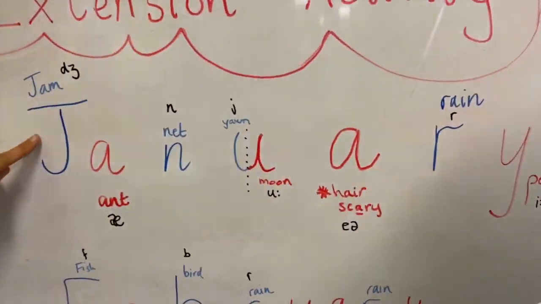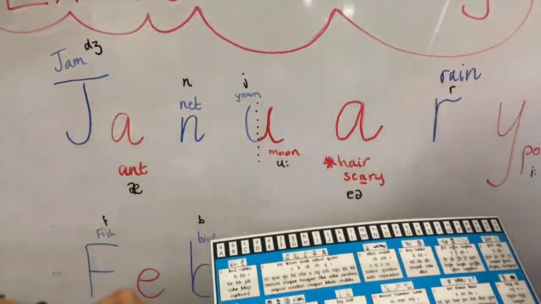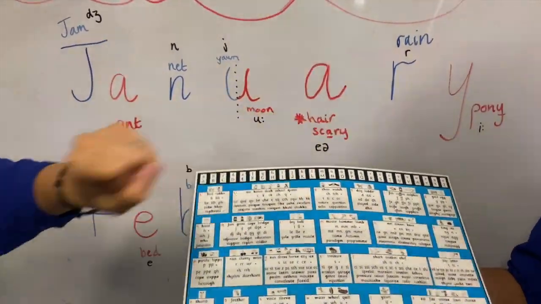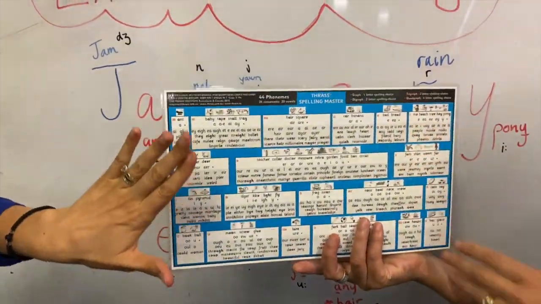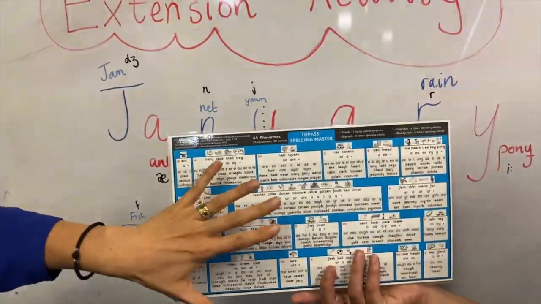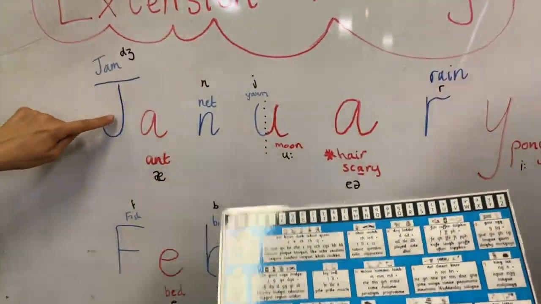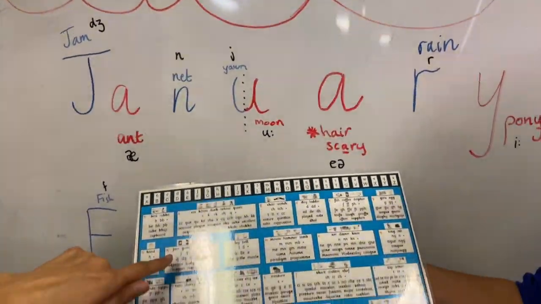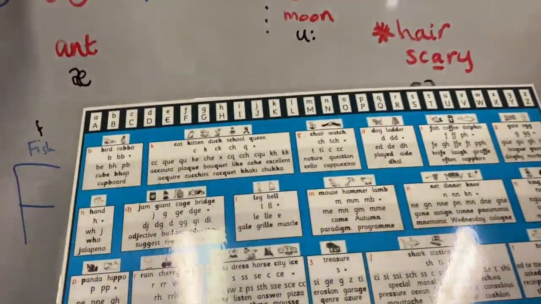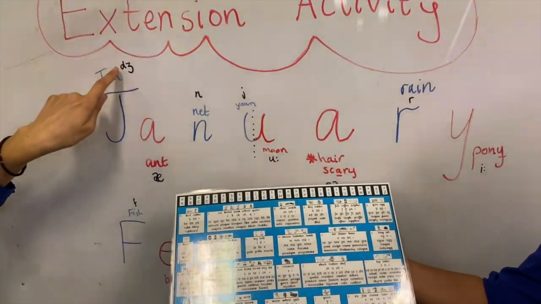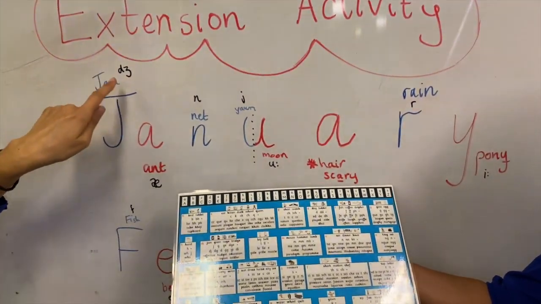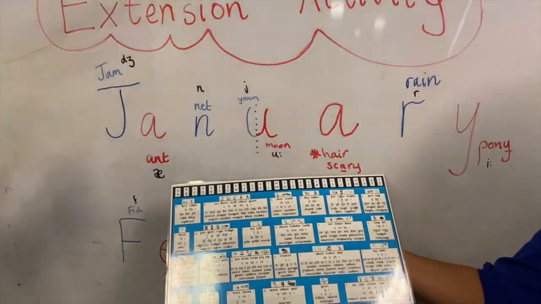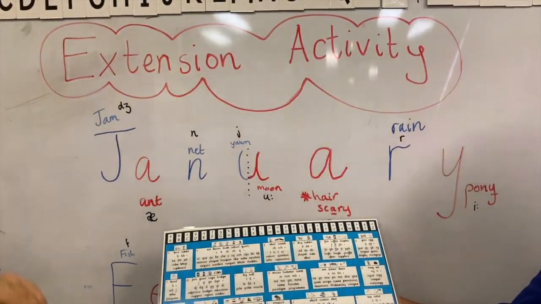Now remember, consonants in blue, and the consonant side is the side with the 26 letters of the alphabet, and the vowels is the other side, okay? 20 vowels, 24 consonants. So we have the J, as in jam. Now you'll notice up here in black, my IPA. Now IPA stands for International Phonetic Alphabet.